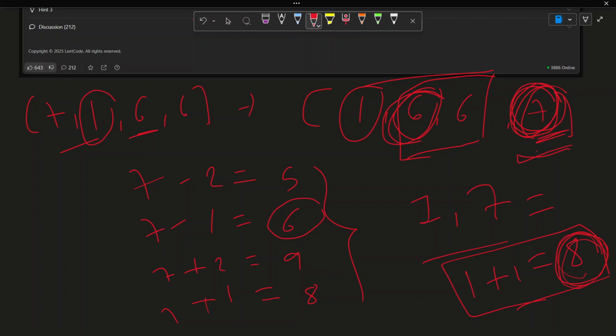Okay. So now we are optimizing this solution.